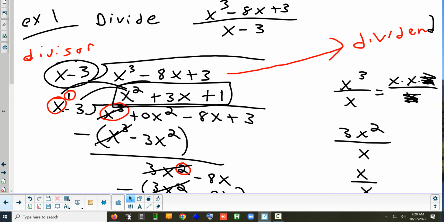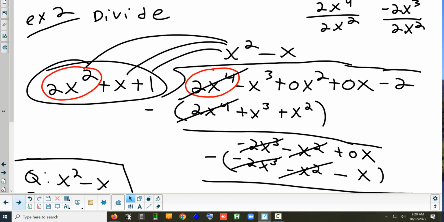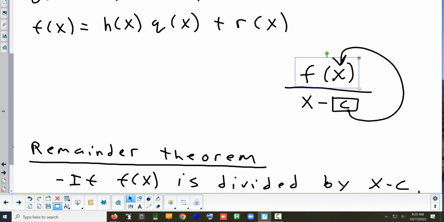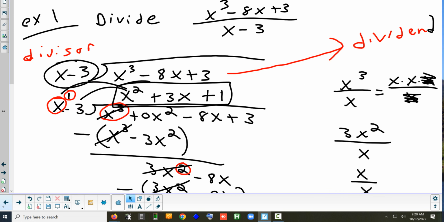Could you go back to the equation that we showed? Yeah. So f of x would be the x cubed thing. Yes. And then x minus c would be x minus 3. In this case, the c value is 3. Yep. So we're going to take the number that comes after the minus sign, and we're going to fill it in for x and see what we get.